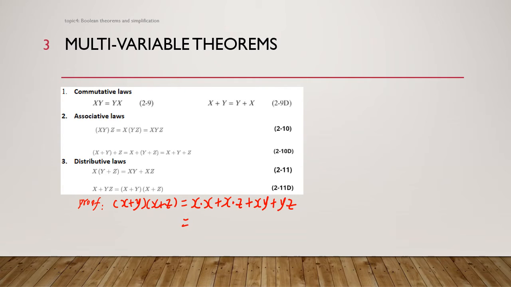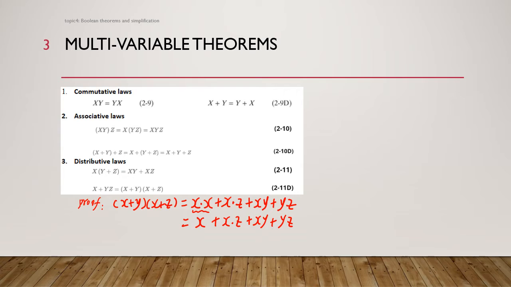From here, if we check the previous slide, we can find this should equal x itself, right? Any variable AND itself equals itself. So we get x, OR x AND z, OR x AND y, OR y AND z.